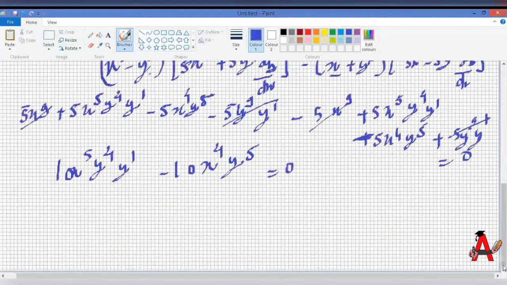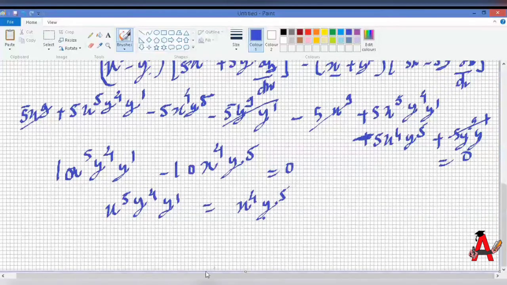Now if I send it to the other side, the 10 will get cut, x^5 y^4 y dash is equal to x^4 y^5. Now if you solve it further, you will get y dash is equal to y upon x.